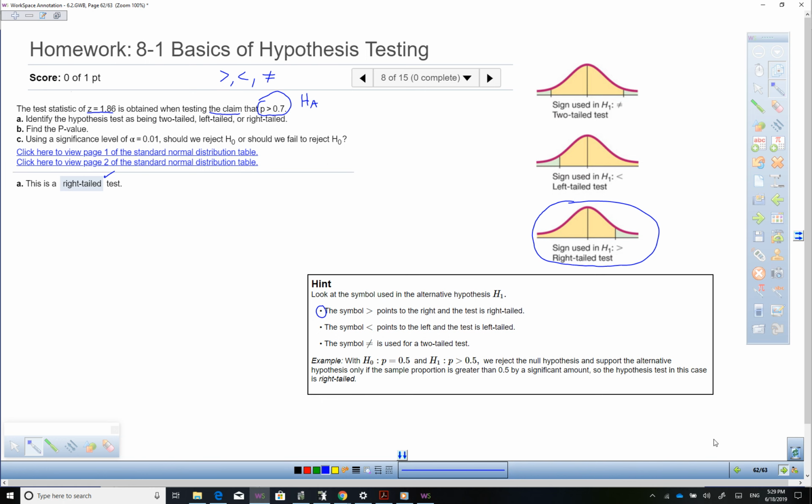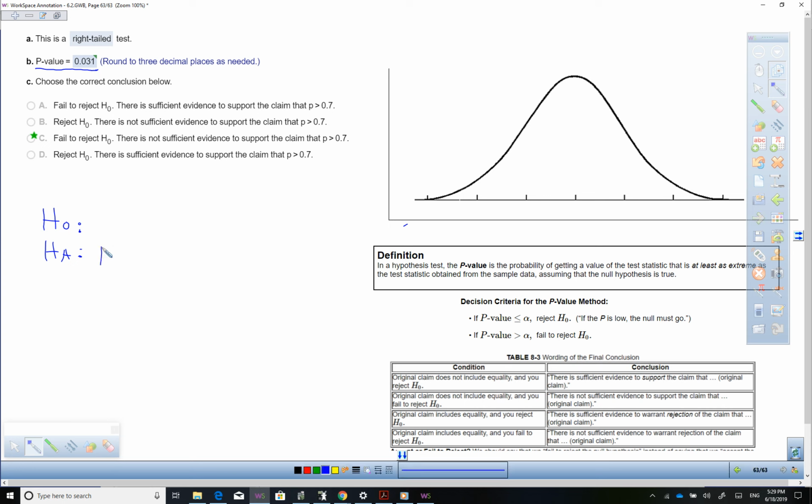So I will write p is greater than 0.7, and the null hypothesis only takes the mathematical symbol of equality. So that's the only one. It goes here on the null hypothesis, and the claim is here. That is important to specify what the claim is. Sometimes it's on the alternative hypothesis, sometimes it's on the null hypothesis. In this particular example, it's on the alternative hypothesis.